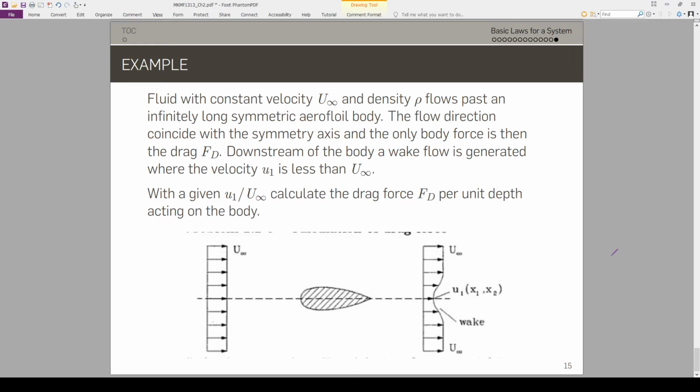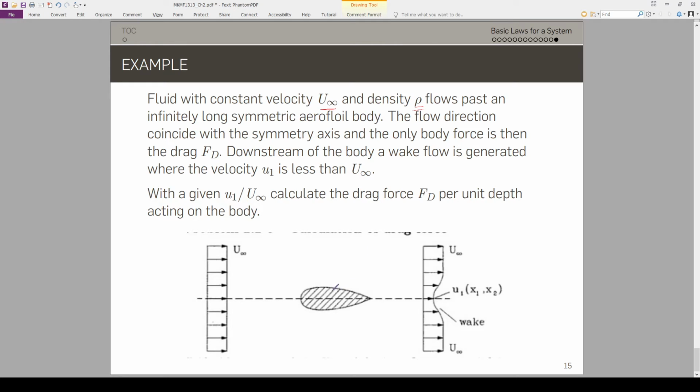Now let's look at one example, which is how we can apply our momentum conservation equation in order to determine the drag force generated by this two-dimensional wing. We know that the fluid with constant velocity given by u infinity and the density of air given by rho passes an infinitely long symmetrical airfoil body.